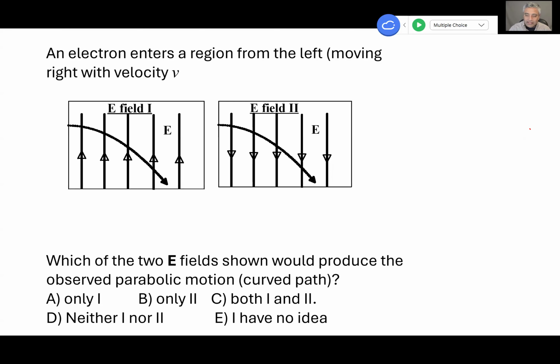So think about, let's say, the big Earth here and the Earth's gravitational field coming down like that. When we throw a mass horizontally like this, what happens? It hits the Earth eventually.